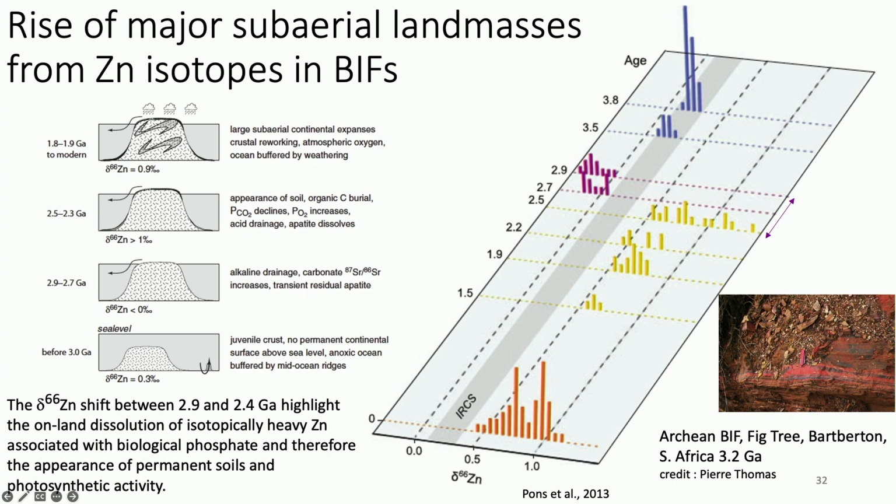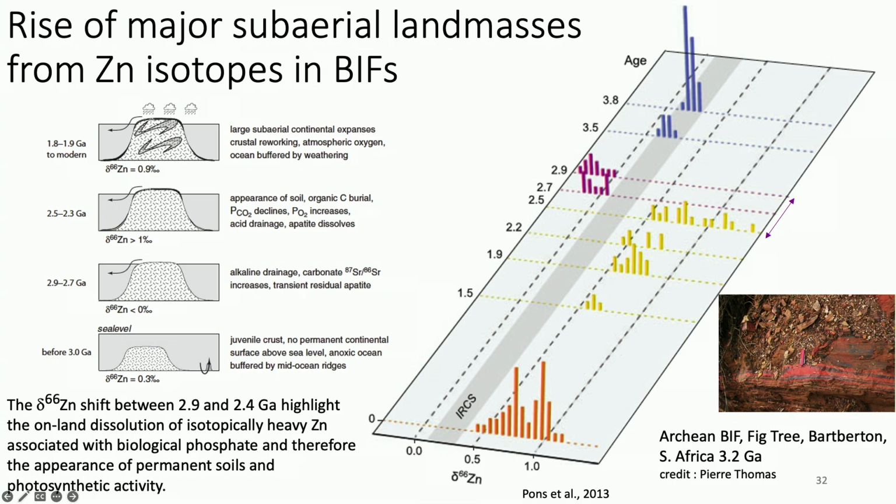And what you can see here is that as a function of time, there's been a very important change in terms of the isotopic ratio, the heavy zinc signature. So we go to less heavy and then heavier again towards a modern situation. So you see that in this range here, between 3 and 2.7, there's this big change here, and then go to 2.4, 2.5 billion years old.